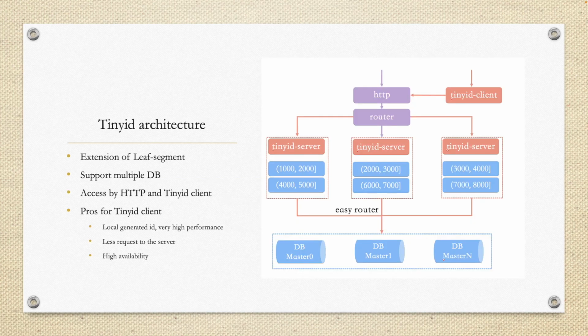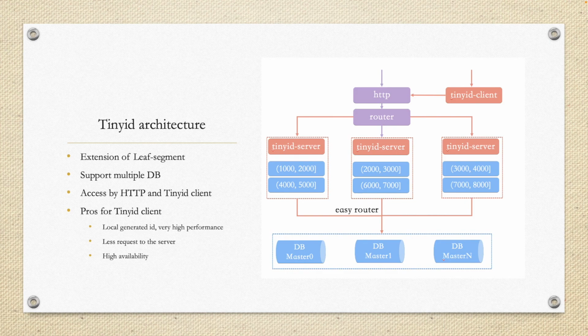In the right-side picture, under the HTTP, we can see it routes traffic to different Tiny ID servers, and each Tiny ID server stores the ID segments, and they depend on the database clusters. This is just an extension of the leaf segment, and the difference is that this architecture supports multiple DBs.